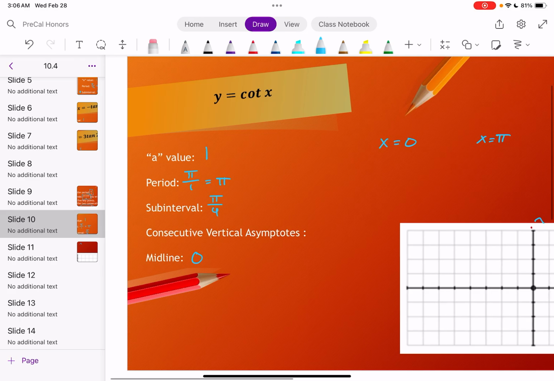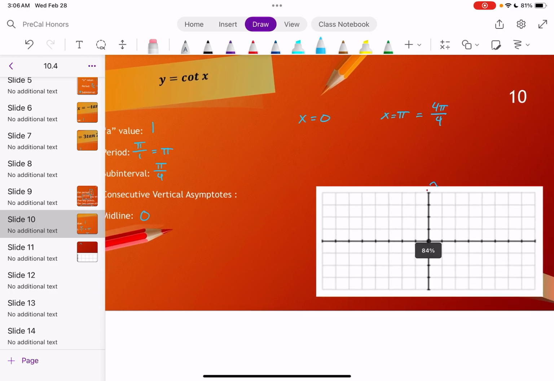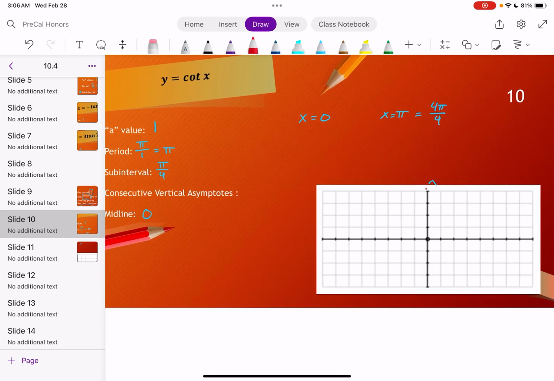We go ahead, check our subinterval. Notice we need a denominator of 4, which means this would give us 4 pi over 4. First thing, graph that midline. In this case, it's going to be at 0.